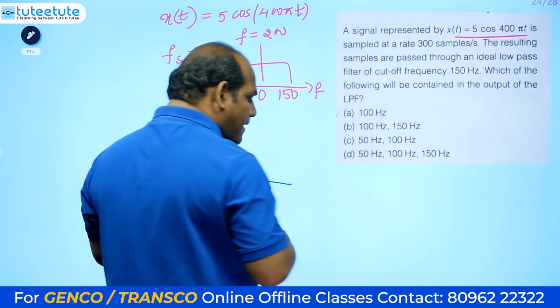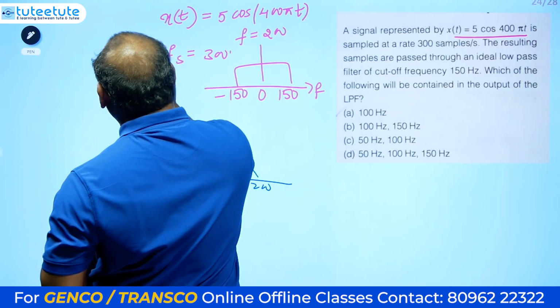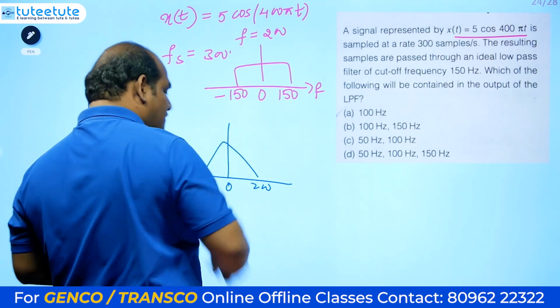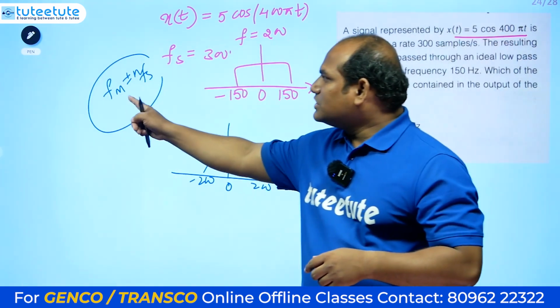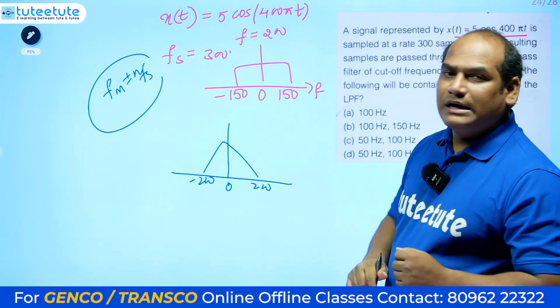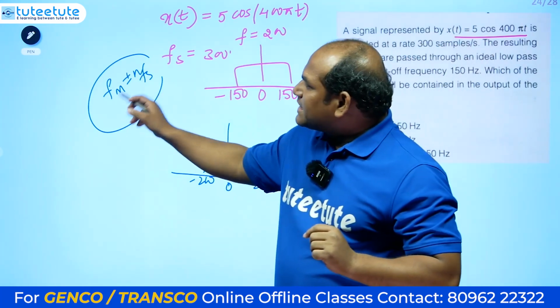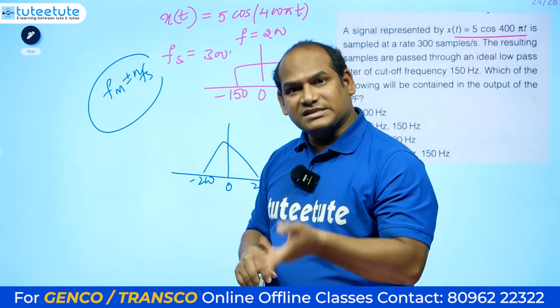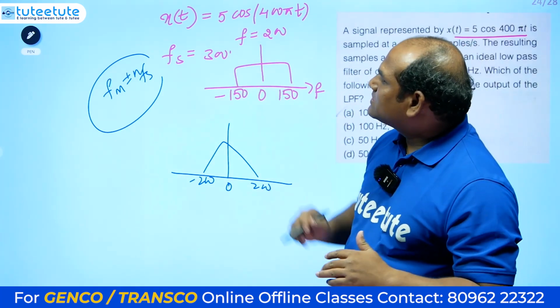But in the sampled version, if you see carefully, fm plus or minus n fs are the frequencies that will exist in the sampled version. If you take n equal to 0, fm is there, that is what I have drawn. But when you take n equal to 1, what will happen? fm plus fs is there, fm minus fs is there. First, fm plus fs is how much? 300.